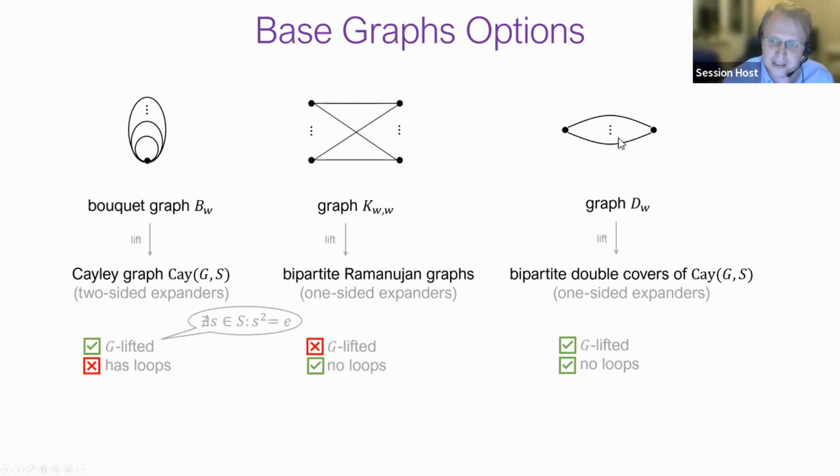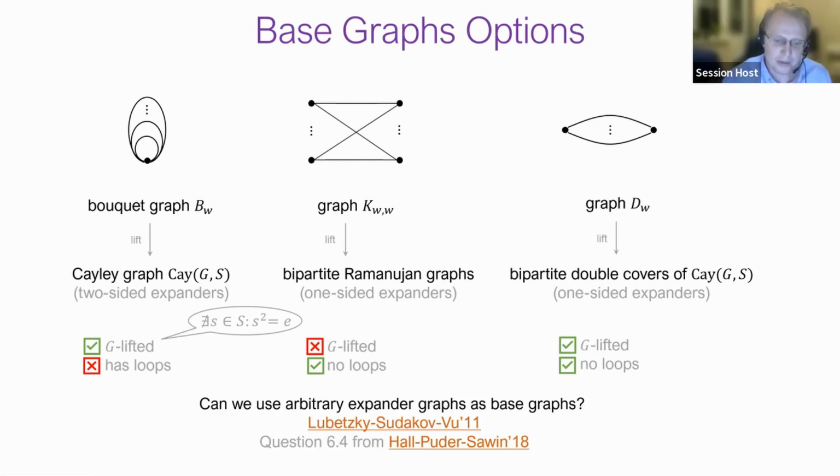We need a base graph that does not have loops for some technical reasons, and a graph that has very good G-lifts that are very good expanders, and this graph has all these properties. This is one of the reasons why we use it. It's interesting that in theory it is possible to use any small graph as a base graph. This is a very well-known open problem: whether you can start from a constant size base graph and obtain a good spectral expander using lifts.